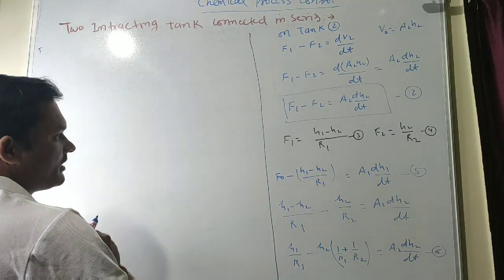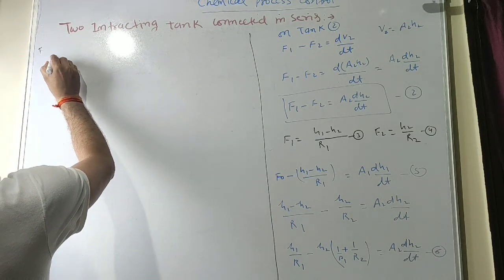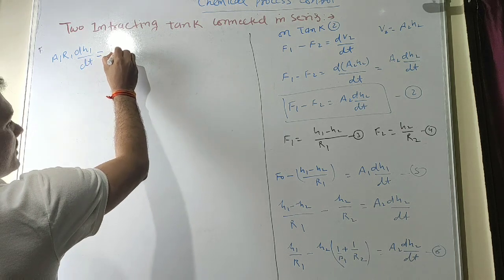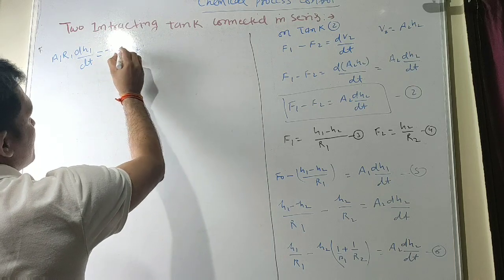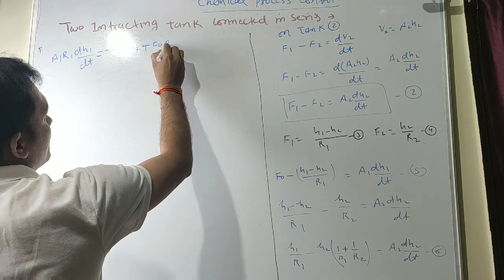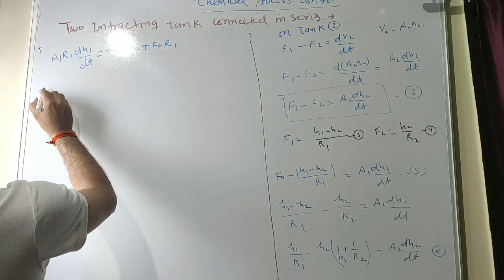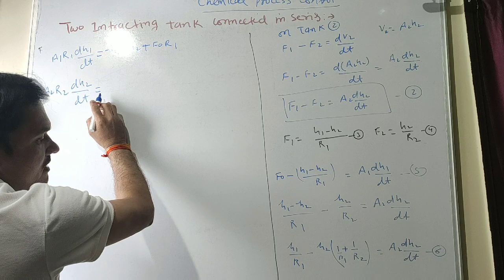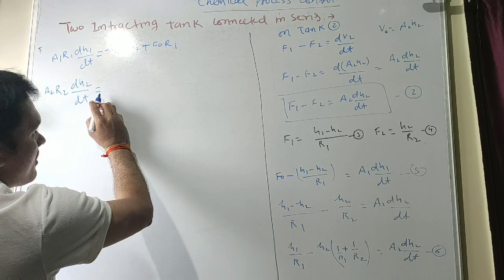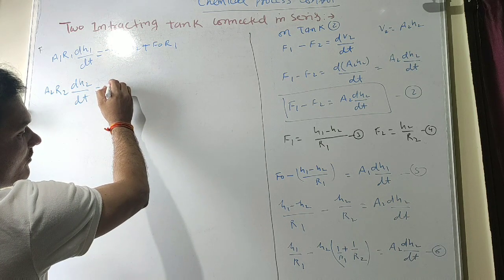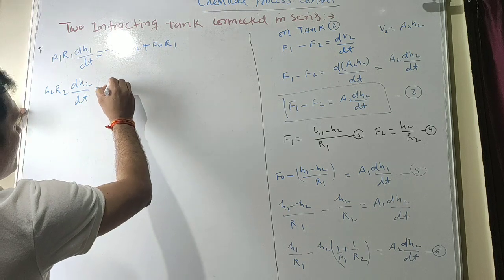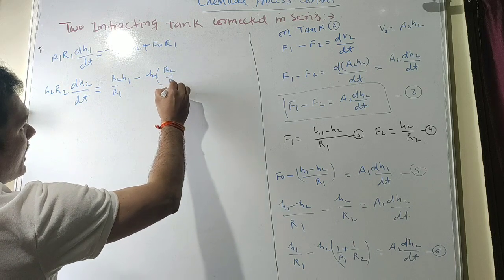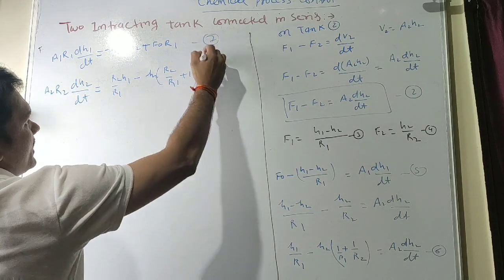Now from equations 5 and 6 we will get A1 R1 dH1 upon dt equal to H1 minus H2 minus H1 plus H2 plus F0 R1, and from equation 6, A2 R2 dH2 upon dt equal to, multiplying by R2, H1 minus H2 R2 upon R1 plus 1. So this is equation number 7 and 8.